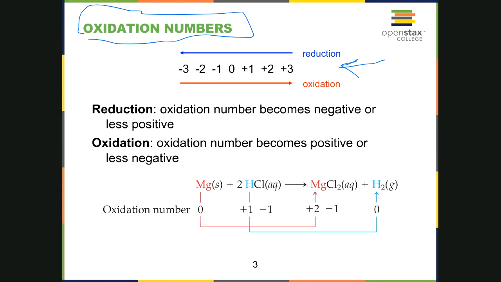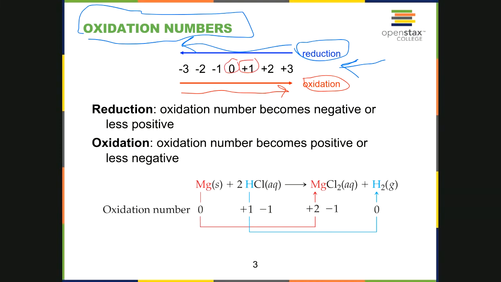If the oxidation numbers go from right to left, like we're seeing here, then that means that it's a reduction. On the other hand, if it goes from left to right, it's an oxidation. It doesn't matter if you're going only, say, from +1 to 0.